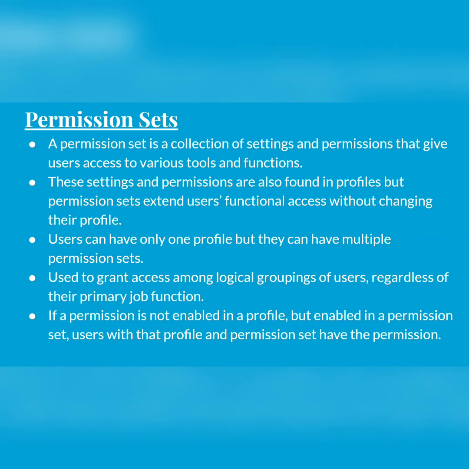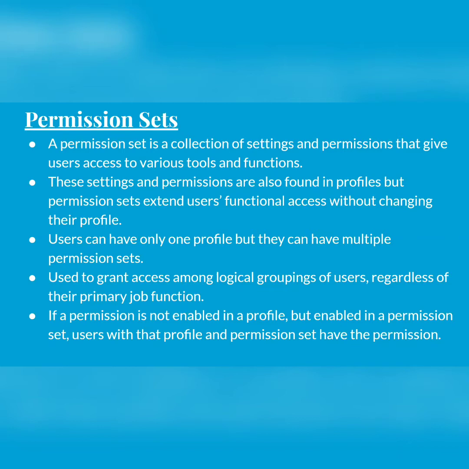If a permission is not enabled in a profile but enabled in a permission set, users with that profile and permission set have the permission. That is what we use the permission set for. If there is any permission not enabled in a profile, but you create a permission set, enable that permission in it, and assign it to a user, then he can perform that particular function.